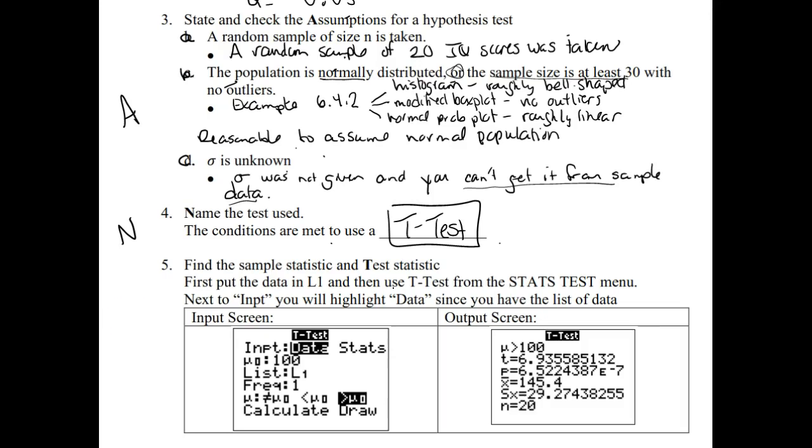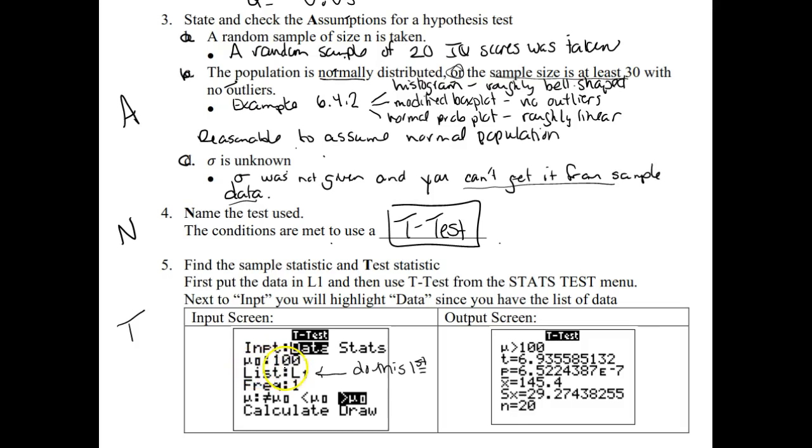All right, so now T stands for test statistics. Again, we're going to go into our calculator. We already input the data into L1, so we had to do this first. It's not going to make any sense to tell the calculator to use L1 unless it has the correct data. So if you did not enter the data into L1 at the start of the problem, you would need to do so now before continuing. But then in this input screen, we would highlight data instead of stats.